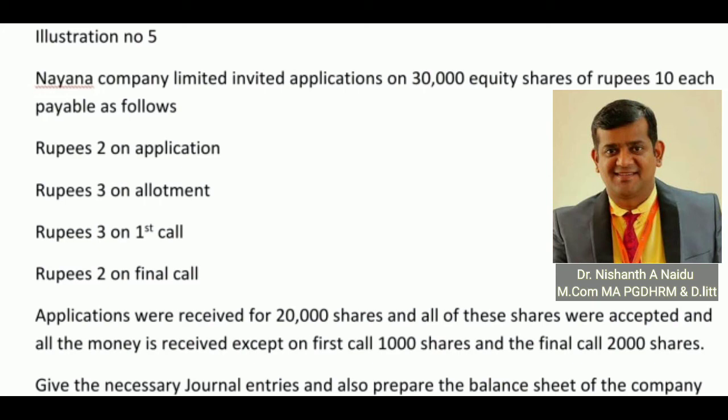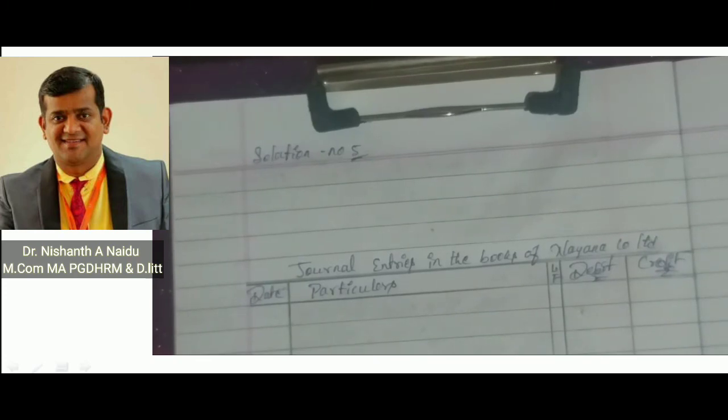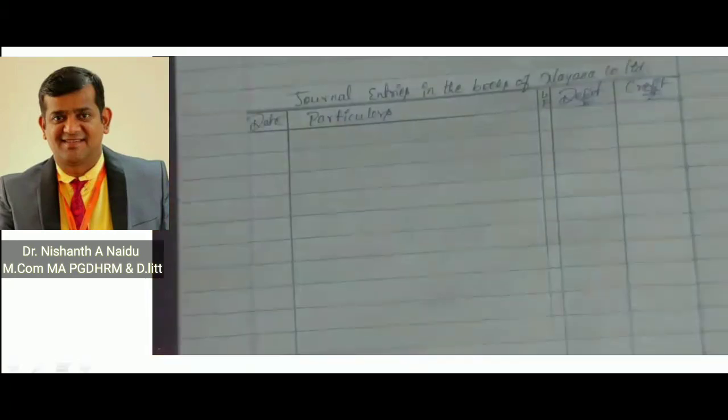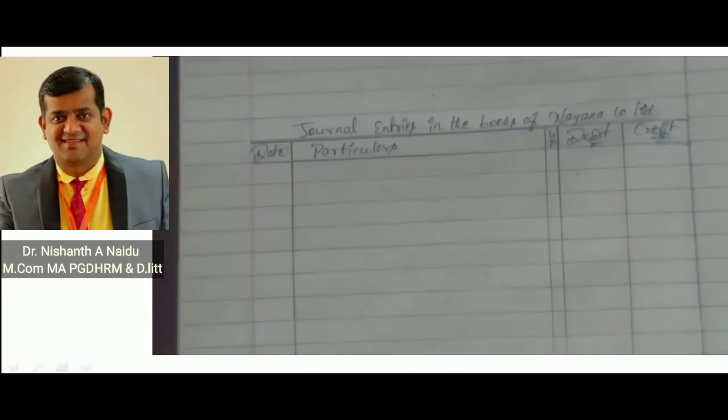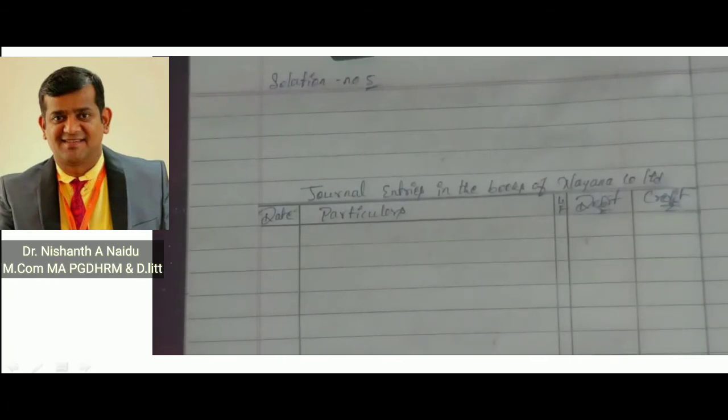Open journal entries in the books of Nayana Company Limited. Dear students, now I'm ready with solution number 5 and a journal entry table with all headings, date, column and all. Now here we have to do a small working note. What is that small working note about?